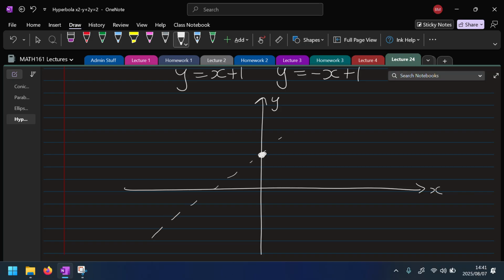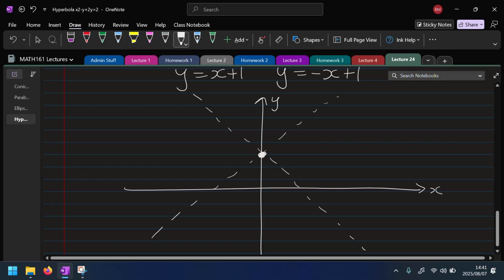That's for our plus asymptote line, y equals x plus 1. And then the minus asymptote line, that will be there. Then they intersect at that middle point. Now we know it's a hyperbola going left and right because the x part came first. So we're going to have a hyperbola branch over there and over there.